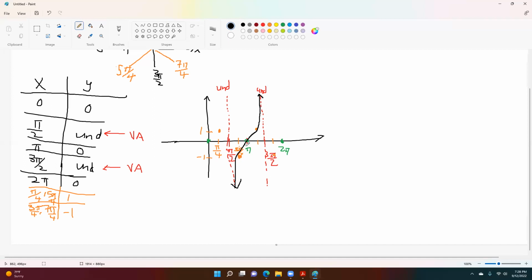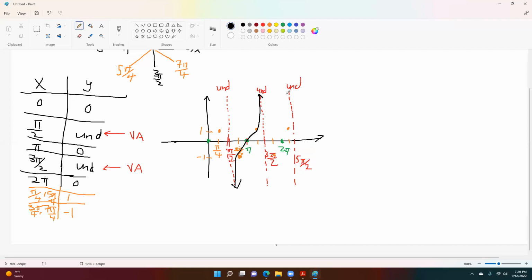Okay. Same thing happens if I want to do it in more cycles. So the next one is, let's go on to here. So that will be 5 pi over 2, because that is your undefined case, because you will see pi over 2, 3 pi over 2, 5 pi over 2, and then right in between this is a +1.